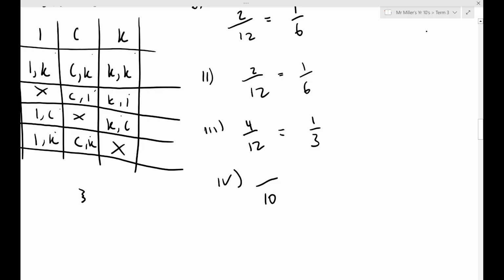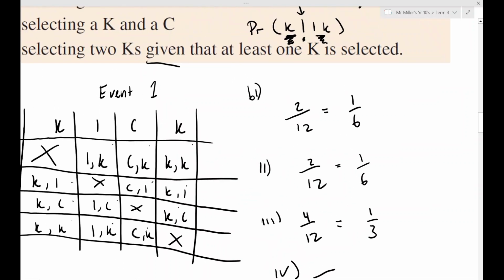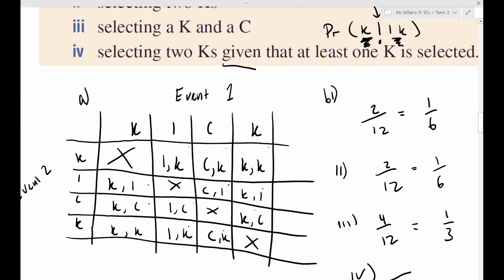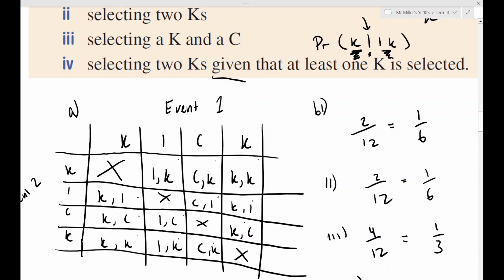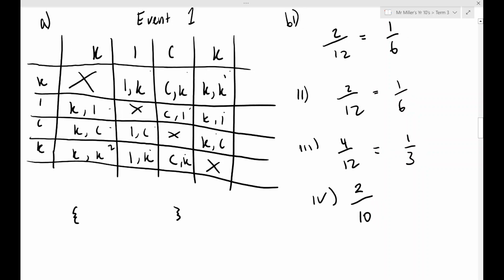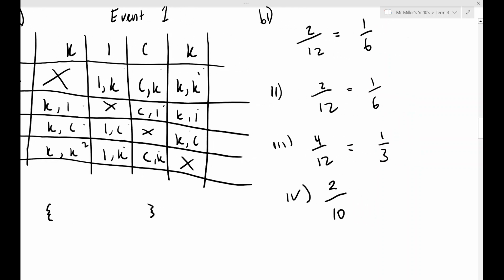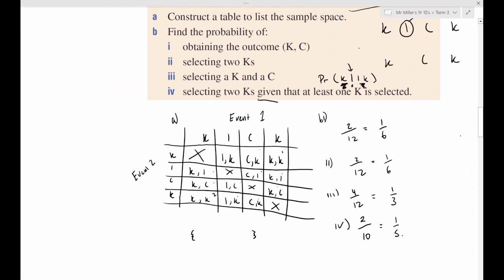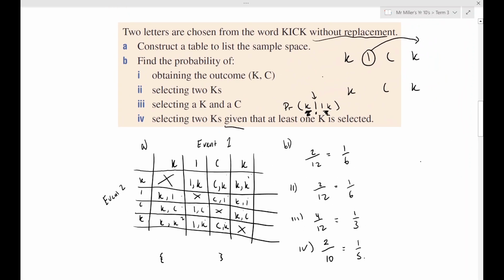It's given the outcomes have at least 1 K. That's only 10 of the 12 outcomes. So out of the 10 outcomes with at least 1 K, how many outcomes do we have 2 Ks? Well, there's 1, 2. So 2 outcomes have 2 Ks out of the 10 outcomes that have at least 1 K. So we can simplify that to 1 in 5. Here is the final answer. I'll zoom out so you can pause and have a look for a second. But that is all.